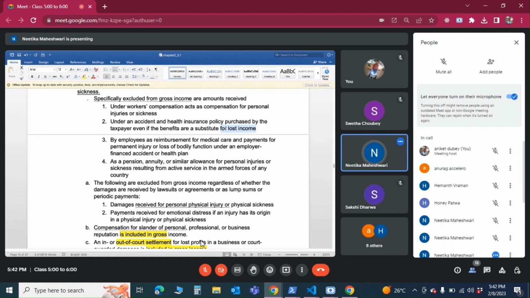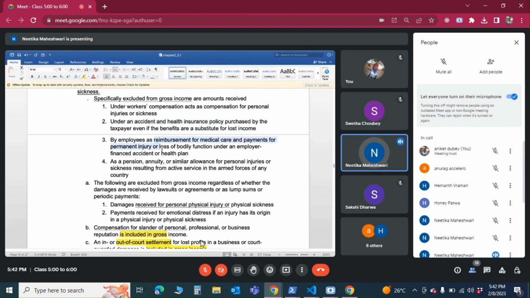If the person is, say, temporarily disabled, and cannot do any work for the next 2 or 3 months, just sitting at home, and through this accident and health insurance policy they're getting some fixed payments every month, as long as you're not on the job, this insurance company will pay something. In a regular scenario, the person would have made money and would have paid taxes on it. Here also, the person is making money through the insurance policy, but they don't have to pay any taxes because this is due to a genuine reason.